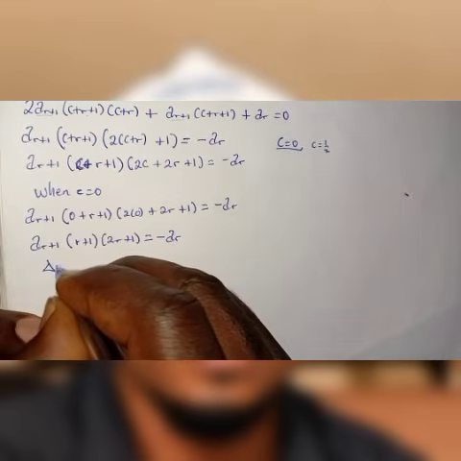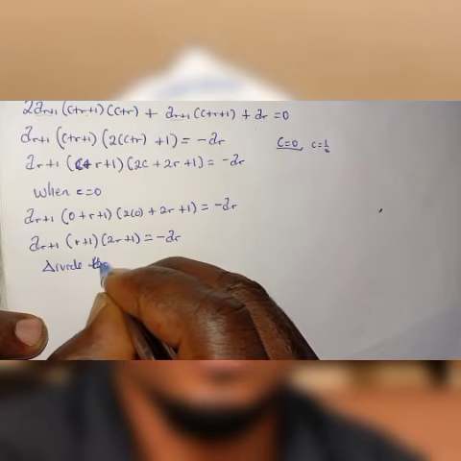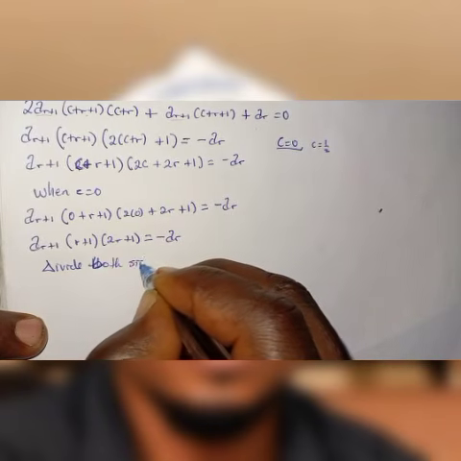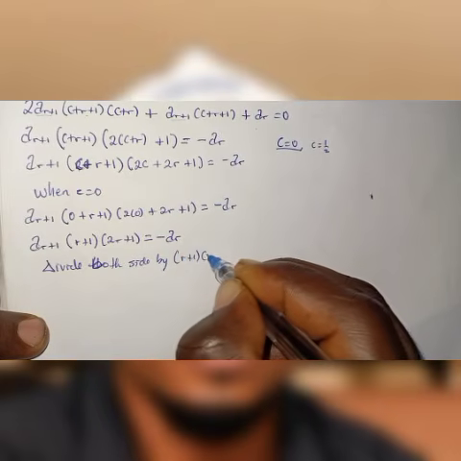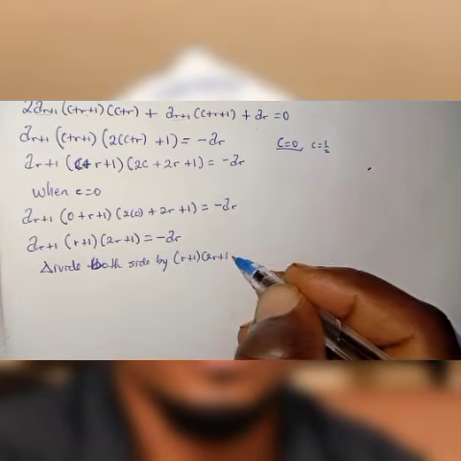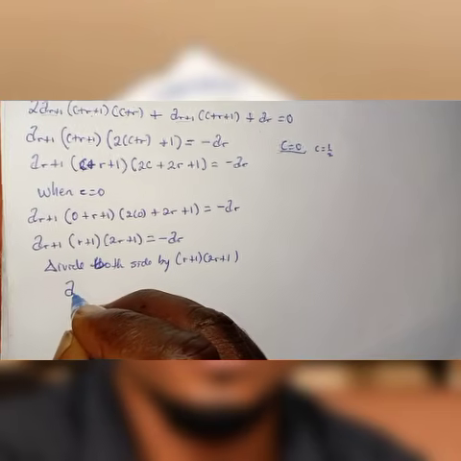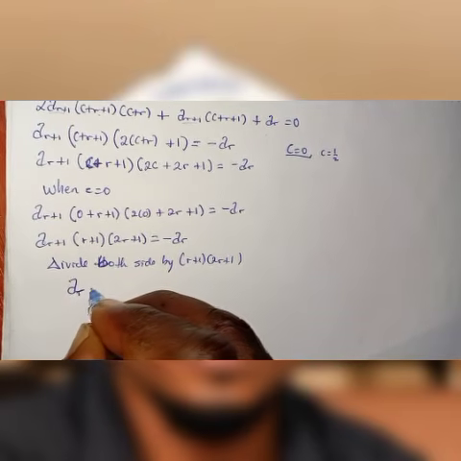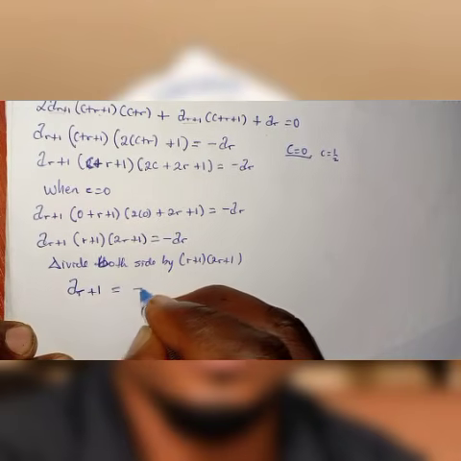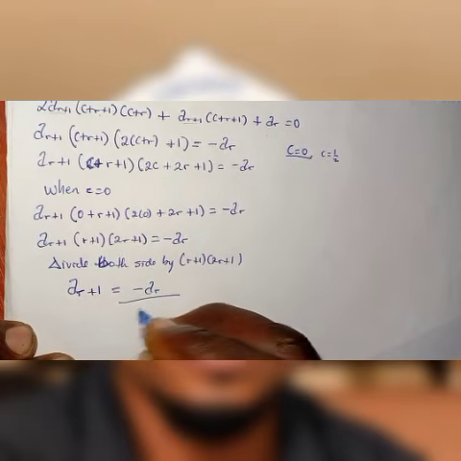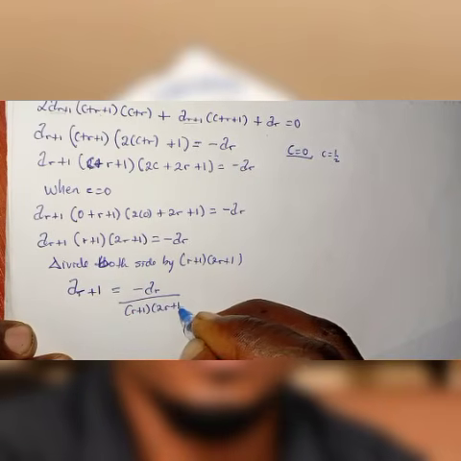Now the next step is to divide both sides by r plus 1, 2r plus 1. That's the next step. So if I divide both sides by r plus 1, 2r plus 1, I'm going to have a_{r+1} equal to minus a_r over r plus 1, 2r plus 1.